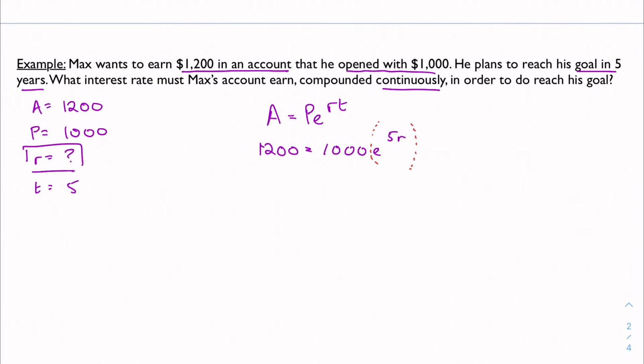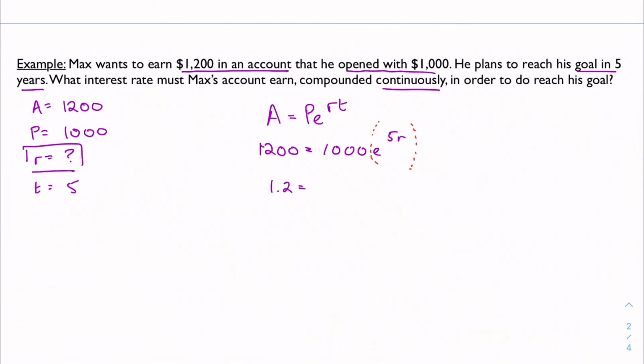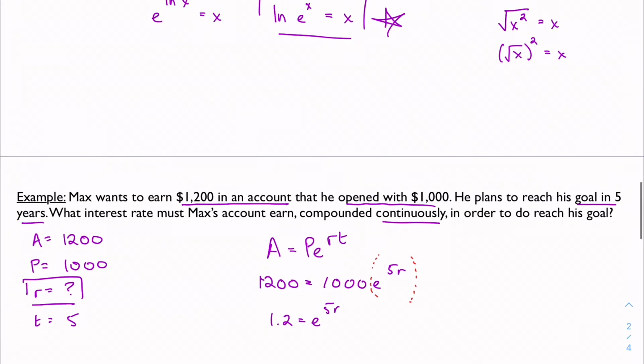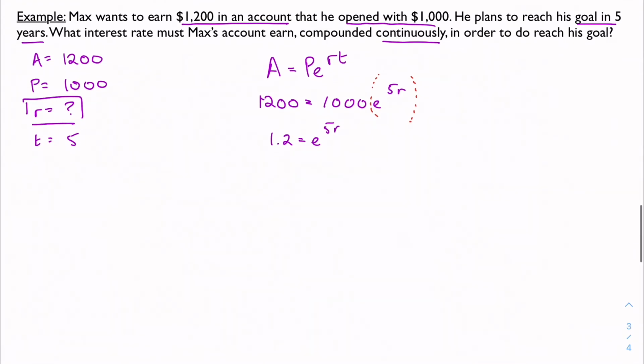So my first step is to divide like this. Now, I want to solve for that r that's up there. I can't just divide by e, because that wouldn't remove the situation. I need to employ my new little trick here, my ln, by taking the ln on both sides.